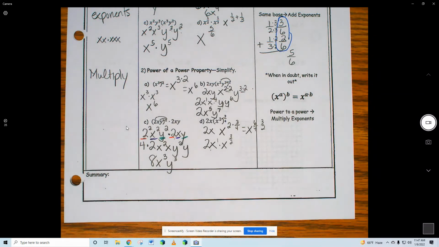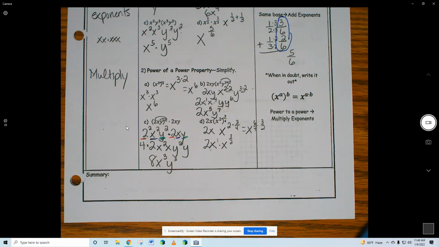I need to combine those. X to the 1 plus x to the 3/2. 1 plus 3/2. 1 plus 3/2. Yeah. I got 2x, and then to the power of 5/2.